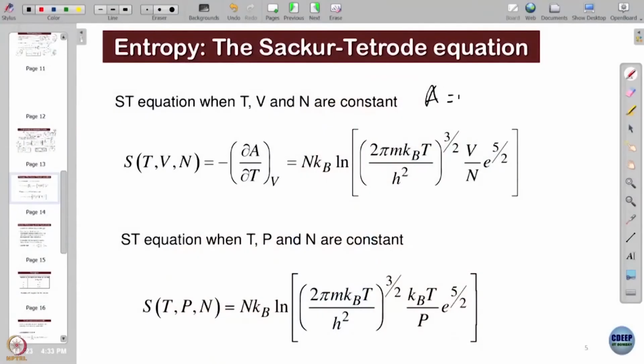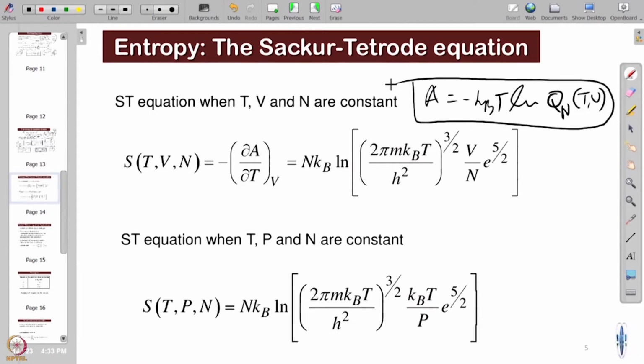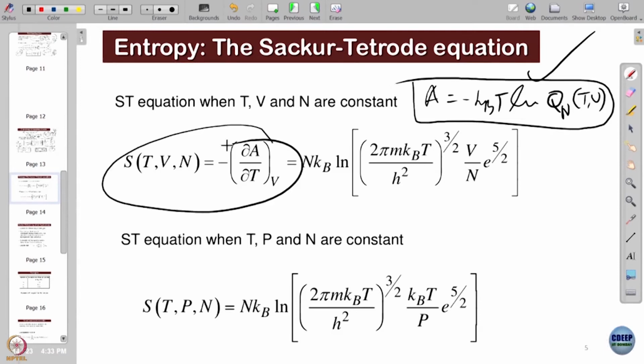Okay. So now we have the partition function, and now we have the free energy A. We have this beautiful relation. Now I know entropy, because entropy S is equal to minus dA dT.